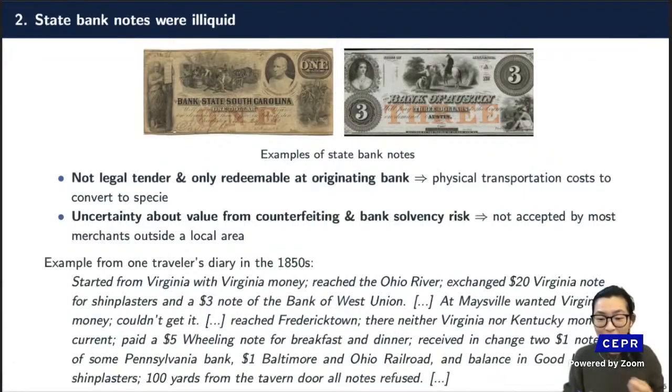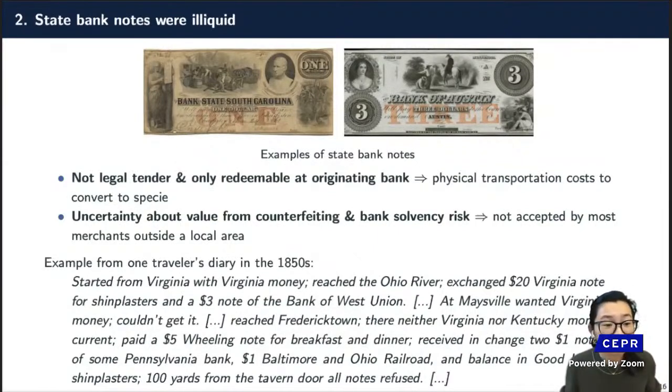These were just privately printed notes that were backed by the original bank that had printed them, and they were known as state banknotes because they tended to be regulated by their states. Here are a couple of examples of them. As you can see, they're very non-uniform in all sorts of ways. They came in different shapes and sizes and denominations, and there was a lot of uncertainty about the actual value of any one of these notes.